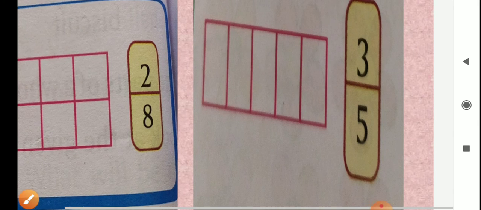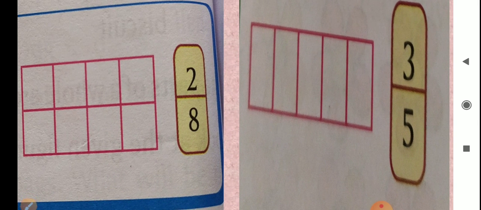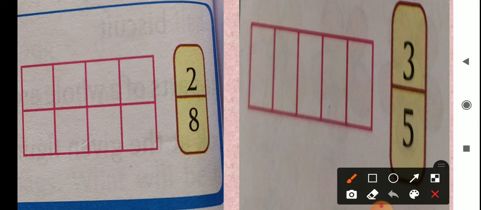Now the next figure. Here the total number of parts is 5. From that how many parts do we have to shade? 3 parts.